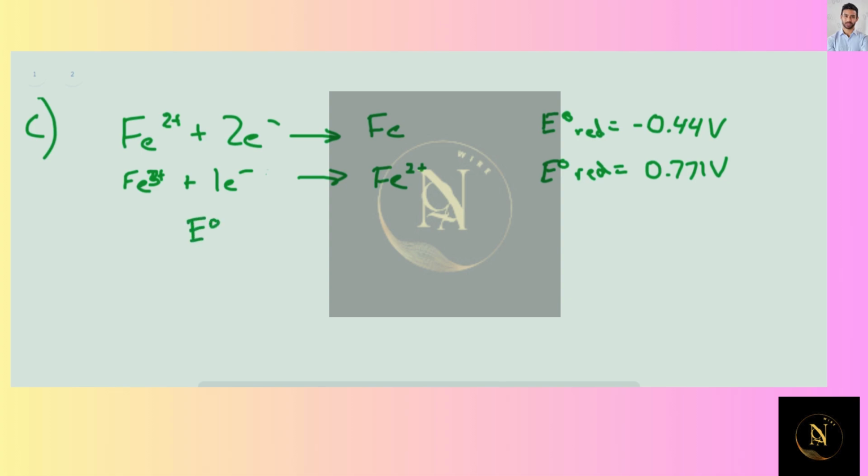So the potential of the cell is going to be equal to the reduction minus the oxidation, or the cathode minus the anode. So we have negative 0.44 volts minus 0.771 volts, which is equal to negative 1.211 volts.